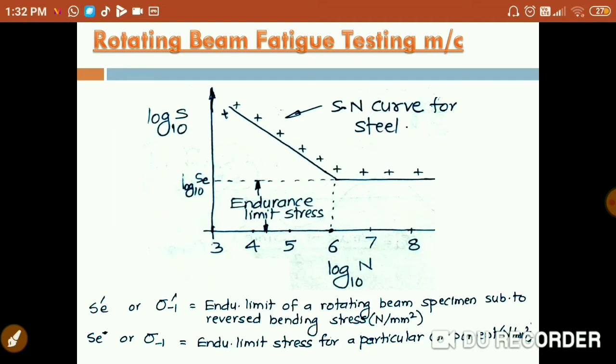Similarly, Se is the endurance limit for a particular component whose endurance limit you want to find. So here there are two endurance limits: Se dash and Se. Se dash is the endurance limit for the specimen, and Se is the endurance limit for the component.